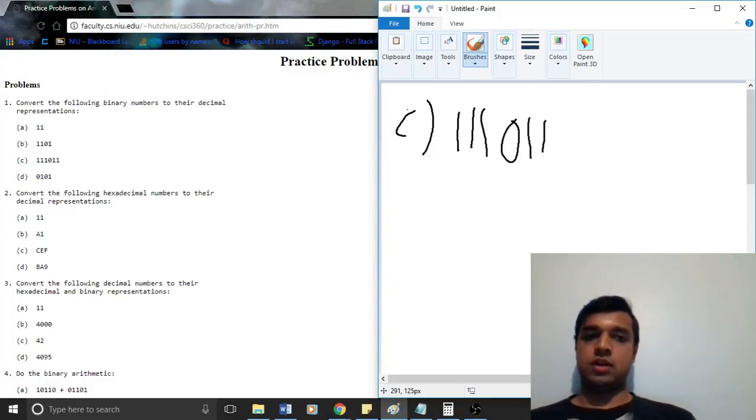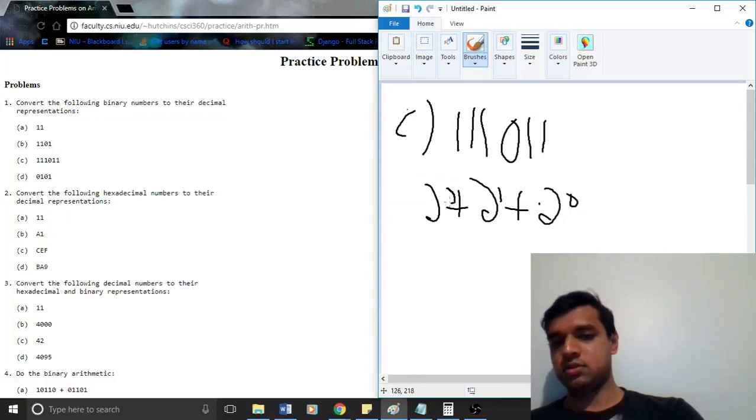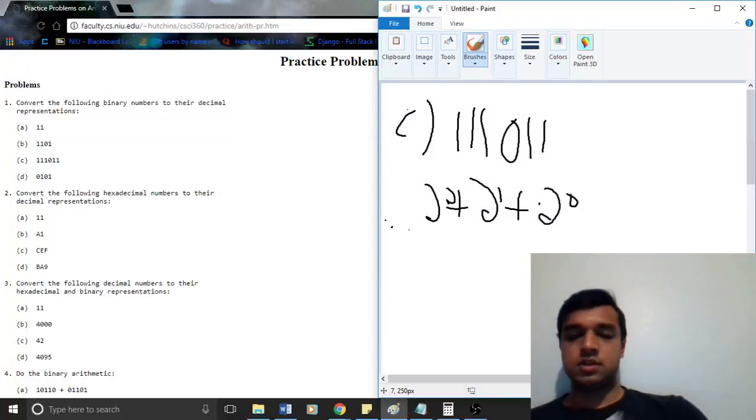Now, the way you could convert a binary number to a decimal number is through the example I showed you, which is the power, which is 2 to 0 for the first one, and it goes up a value by 2 to 1, 2 to 2, etc. So let me try this one.